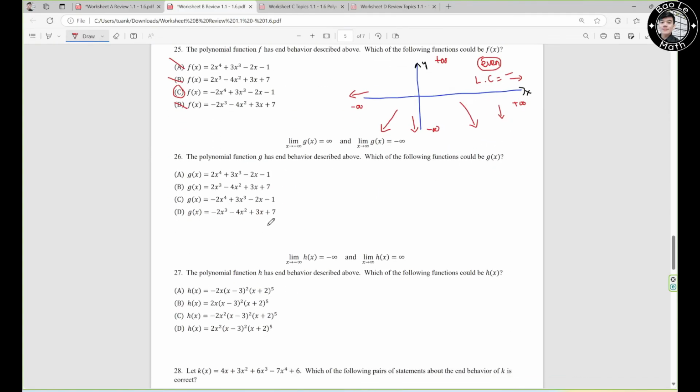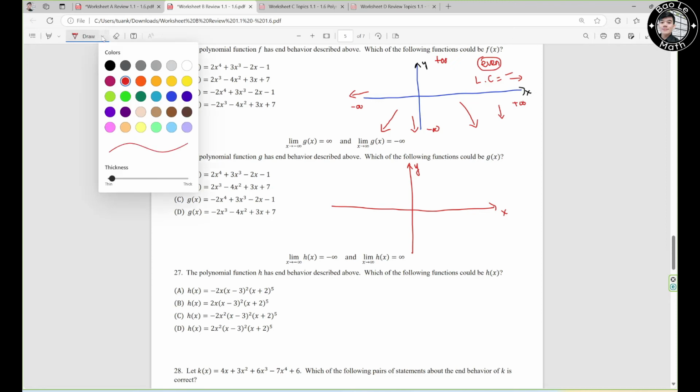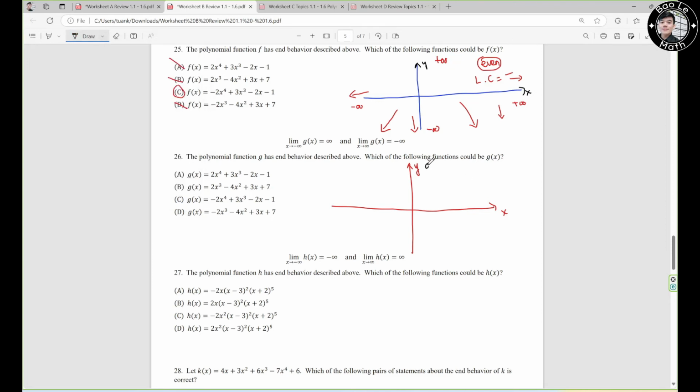Now number 26, we do exactly the same thing, right? So we sketch this one, so this is s, this is y, so we're going to put positive infinity, negative infinity, positive infinity, negative infinity, right? So the limit of the function g of s when s approaches negative infinity is positive infinity, right?